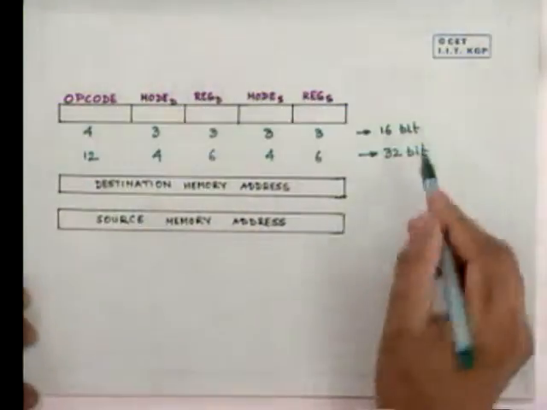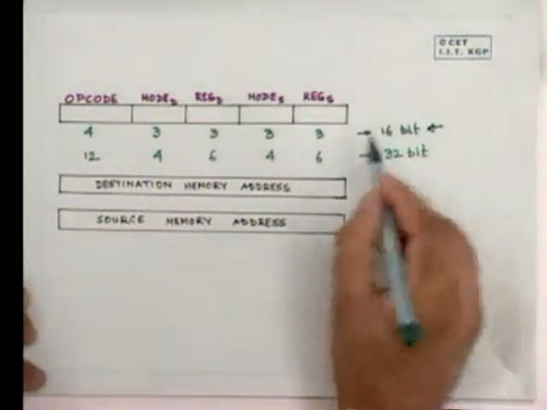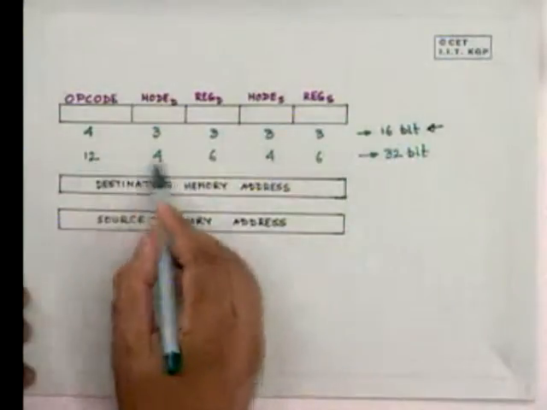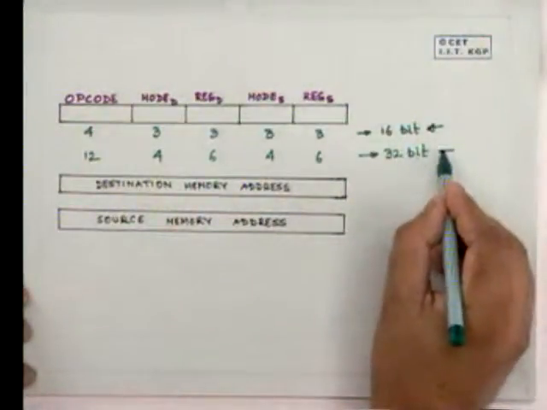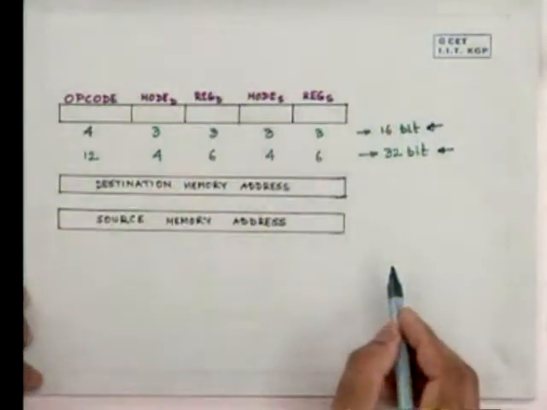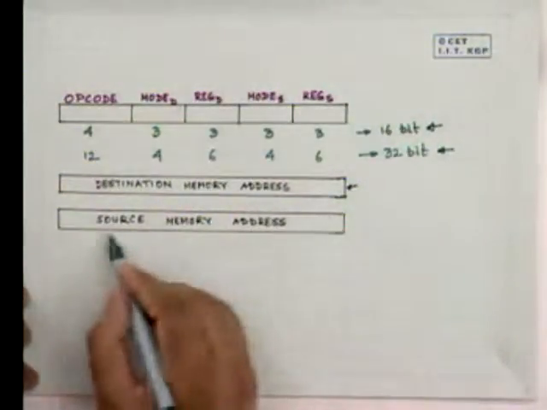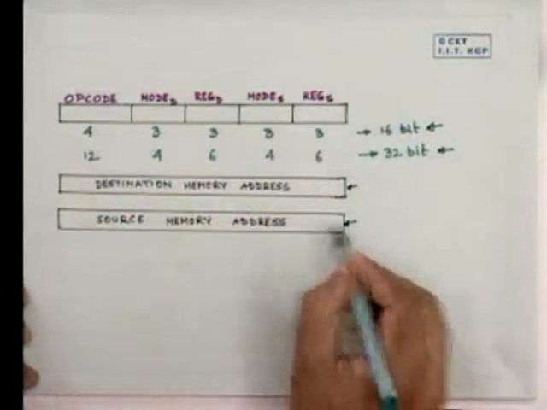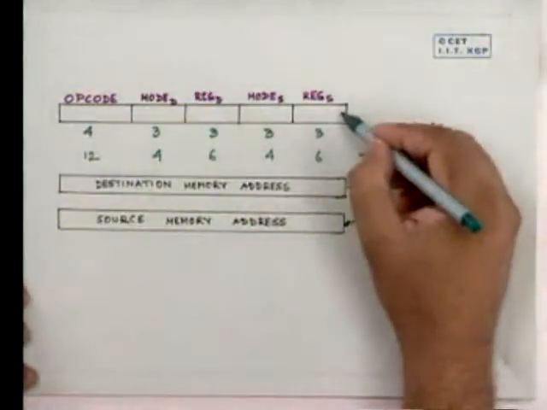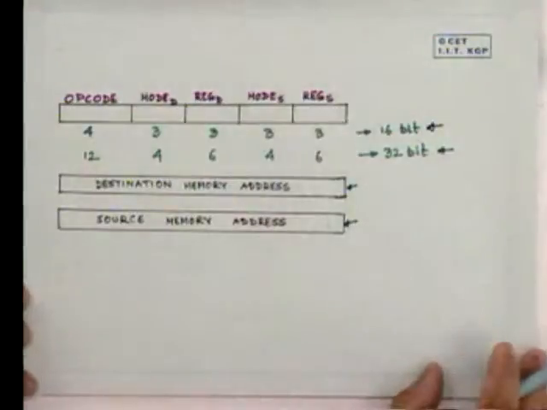That can be a 16-bit format. Possibly you can expand it in the case of a 32-bit machine. The destination memory address you specify in the next word, and the source memory address you specify in the next word of this instruction.